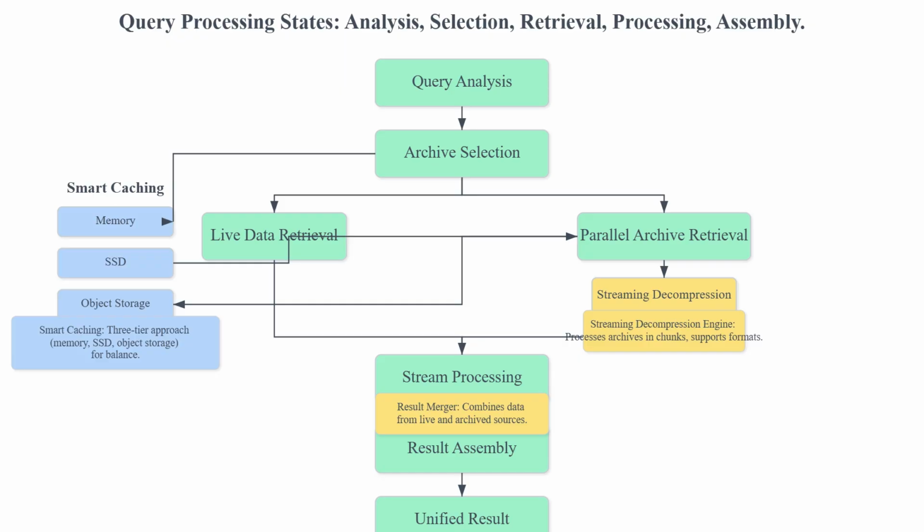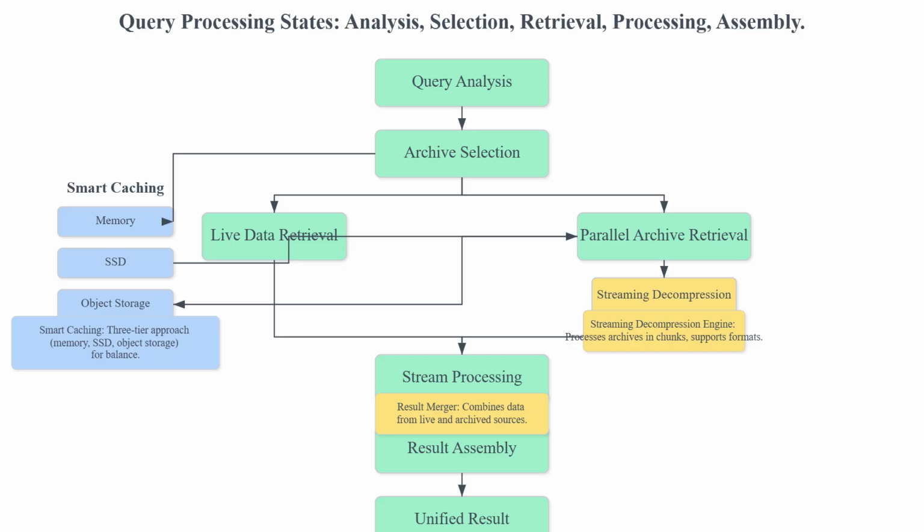This is critical for efficiency and scalability, supporting various compression formats like gzip or zstd, and even decompressing while searching. Once data starts flowing from live sources and archives, the result merger takes over. Its job is to combine data from multiple sources into a unified result set, handling things like deduplication, sorting, and pagination across these heterogeneous datasets.